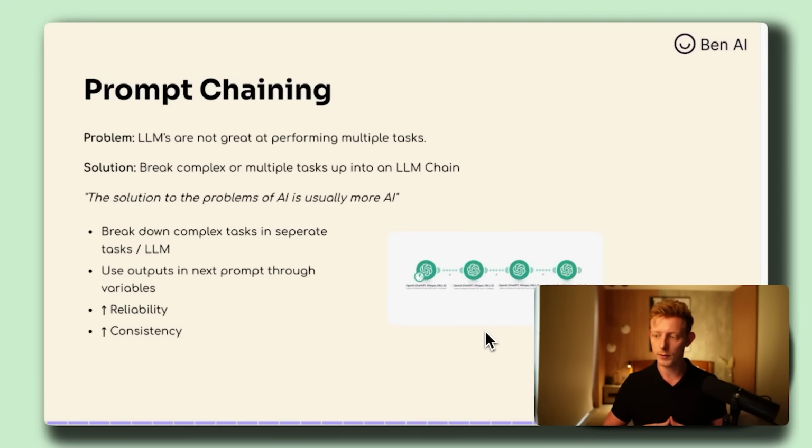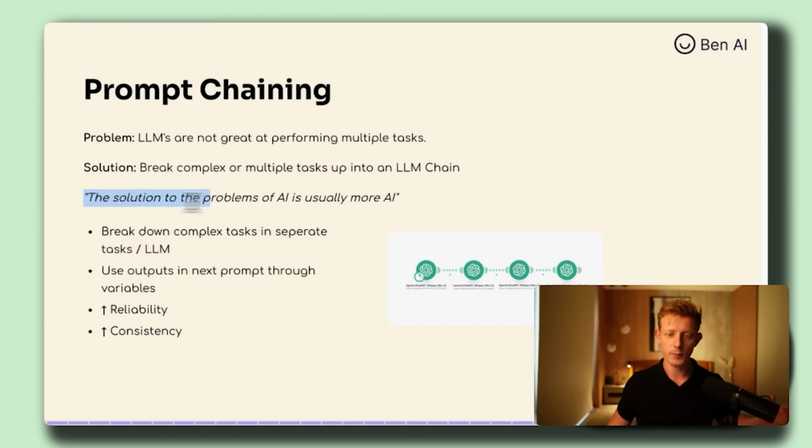For example, we don't want to instruct a model to extract specific data points and make a summary from a scraped LinkedIn post and generate a personalized email inside of the same prompt. We want to separate those into two different AI modules, so each of the prompts and the AI modules has one specific task. The smaller we can keep the task, the higher the reliability will become.